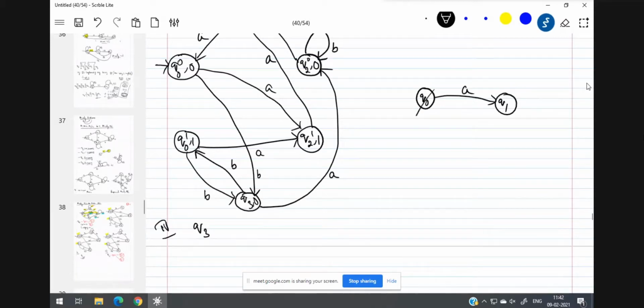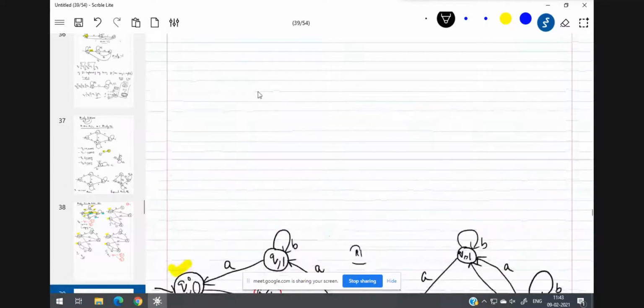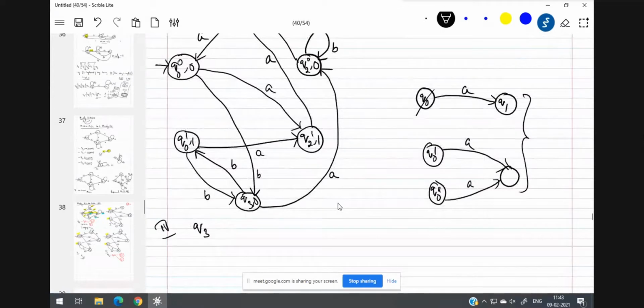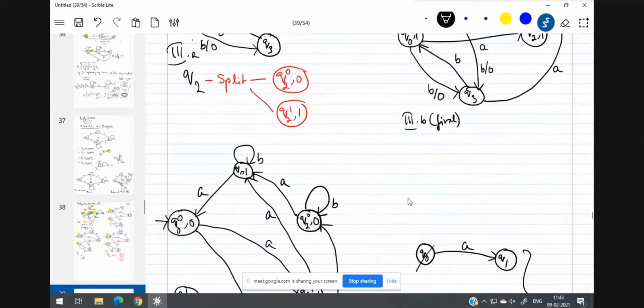Suppose you have split this into two, Q0 this, then Q0 this, then what will happen is, from both the split states, you need to mark like this. This is the concept we have been using from step number 1 till step number 4. There are many examples in the textbook. Please go through them by yourself.